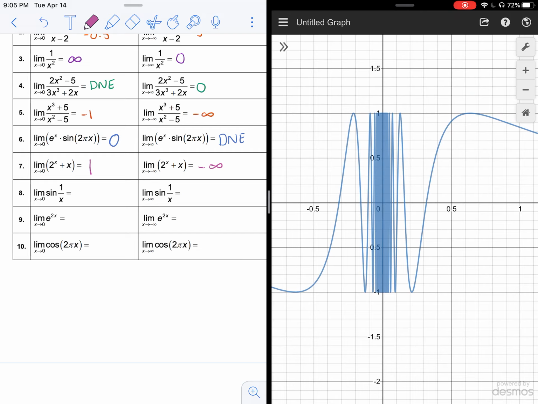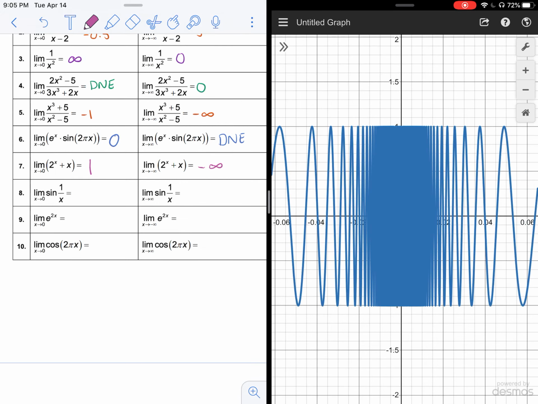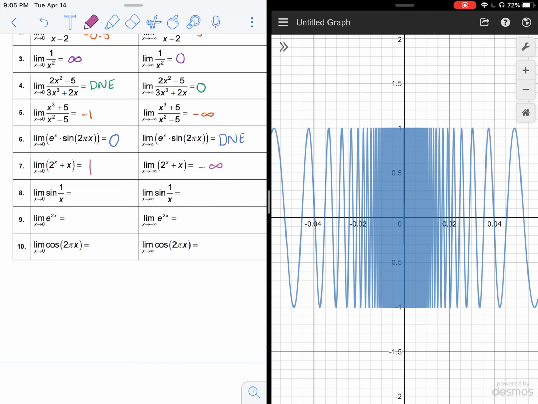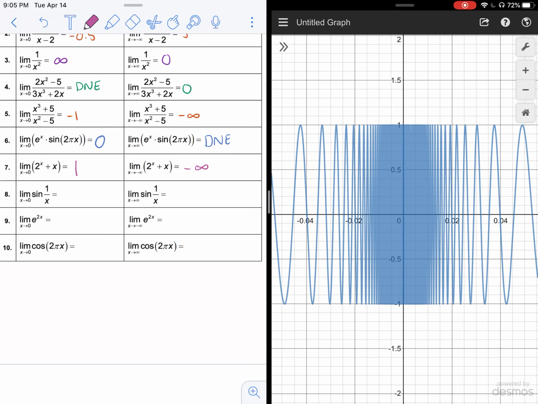So as we look here, as we zoom in at 0, we can get in even closer. I'm stretching this out so that we can try to see it. It is oscillating as we get closer and closer to 0. Right now I'm at 0.02. This is crazy close zoomed in.